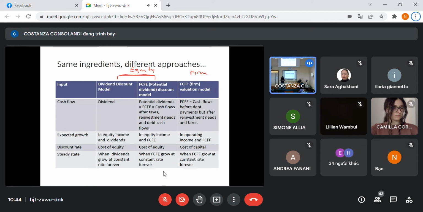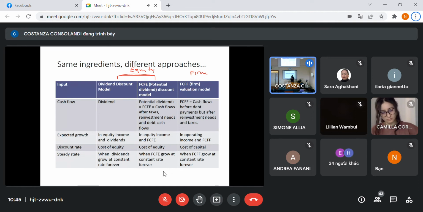But the company very often does not pay out all the earnings and free cash flow as dividends, because of the earnings, part we pay out as dividends, and part we reinvest in the company. The part which is reinvested in the company is called retained earnings, right?